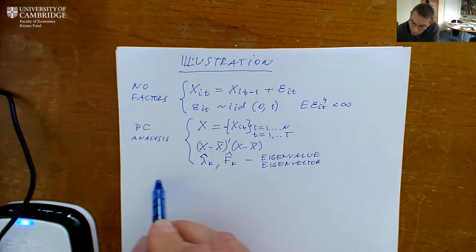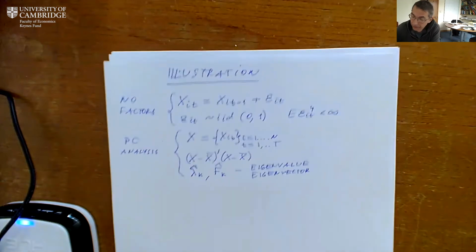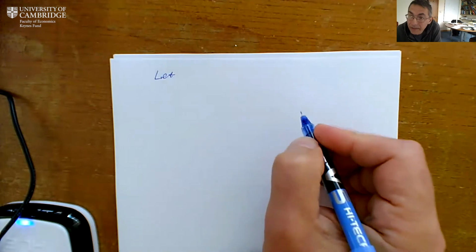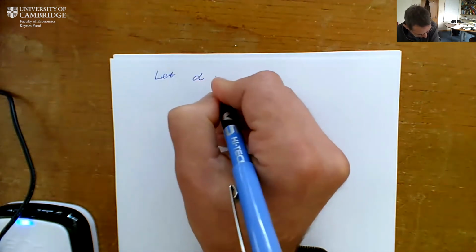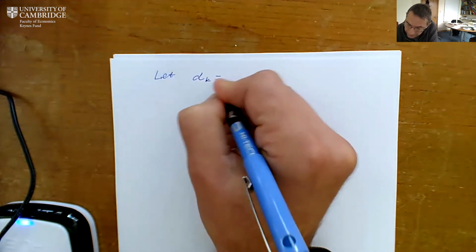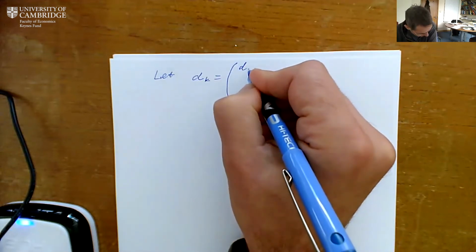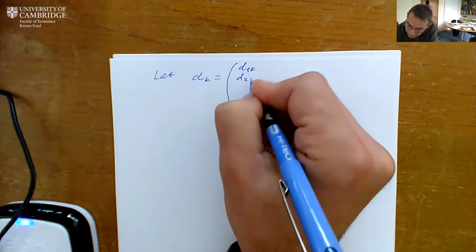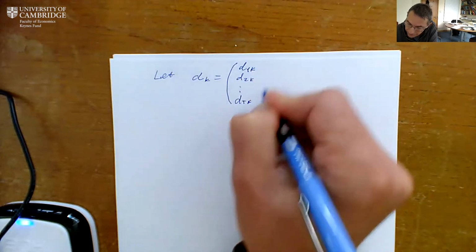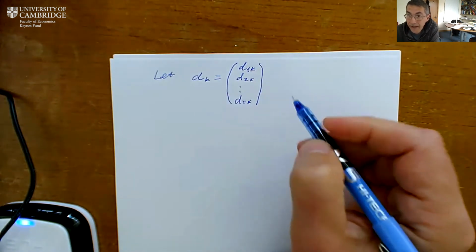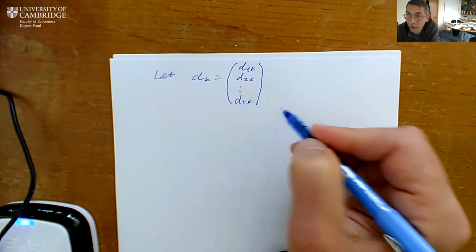So let me be more precise here and formulate a theorem. To formulate the theorem, I will first describe some deterministic vector. I will call this deterministic vector d_k. It is a T-dimensional vector, so it's d_1k, d_2k, etc., d_Tk. Remember, our data has T time periods, and estimated factors will also have T components.